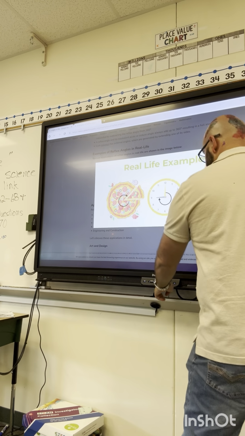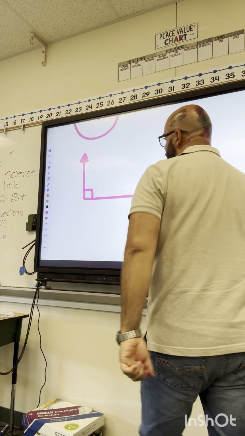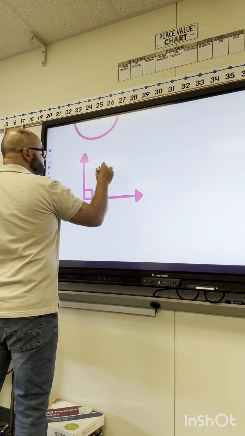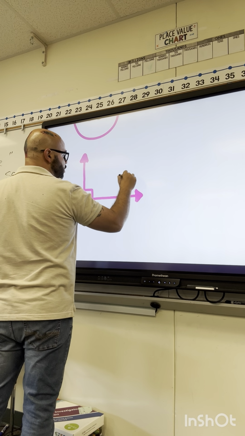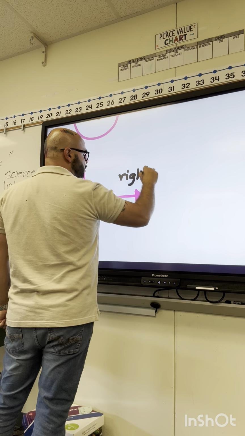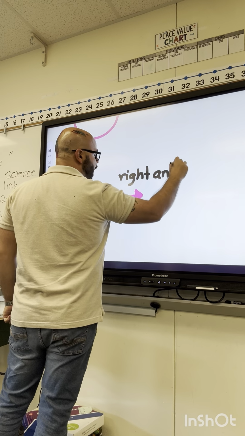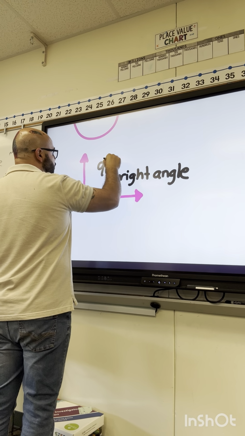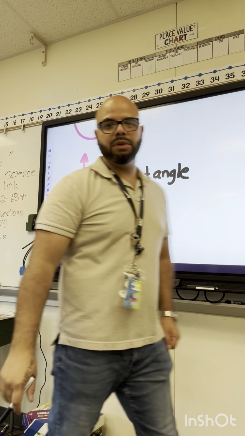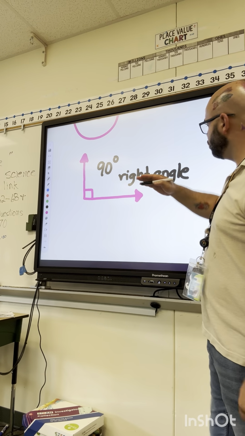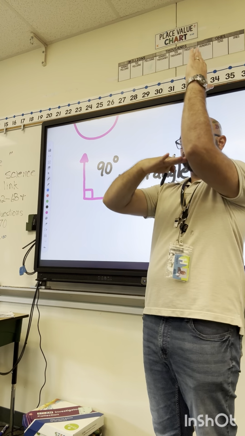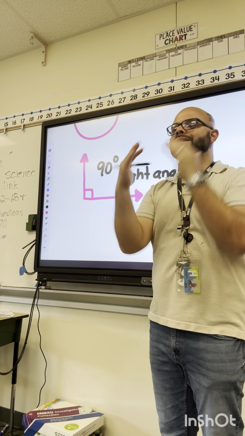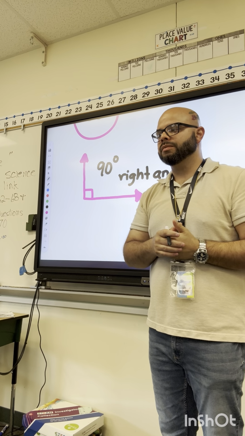So that is called a right angle. Now a right angle has a degree of 90 degrees. That's the measure, 90 degrees. So whenever you see an angle that creates a full square right on the corner, that is 90 degrees, okay?